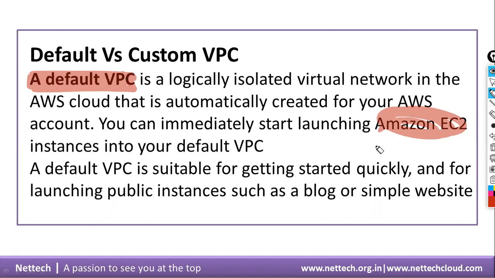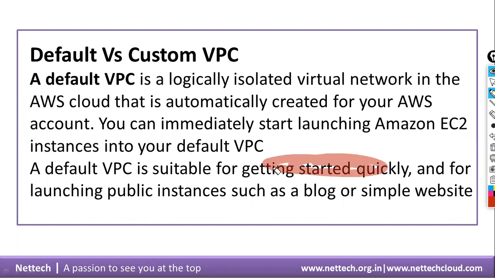Straight away, we can launch EC2, because the default VPC and subnets already have routing and internet gateway, all configuration done for us by default. So we can spin up or launch any EC2 immediately. If you want to launch EC2, yes, you can use the default VPC.